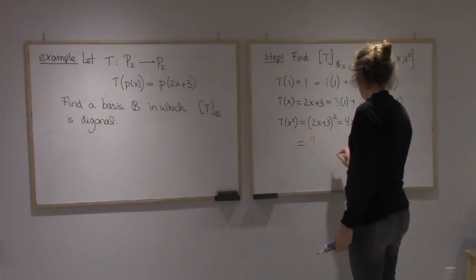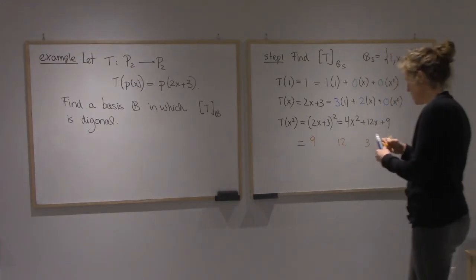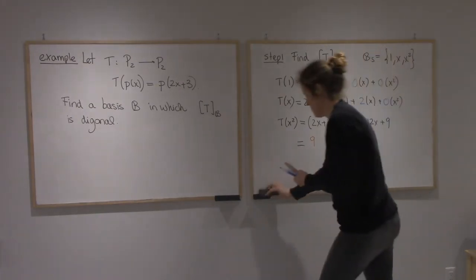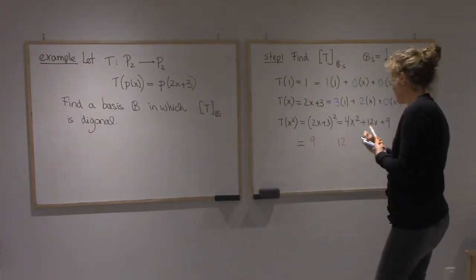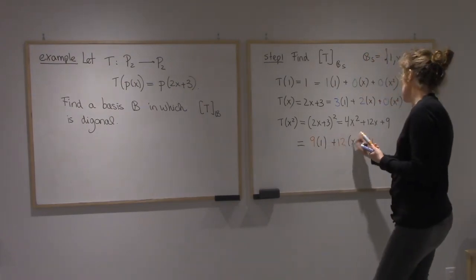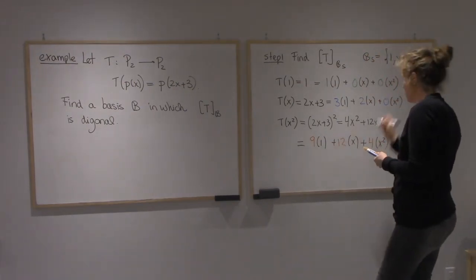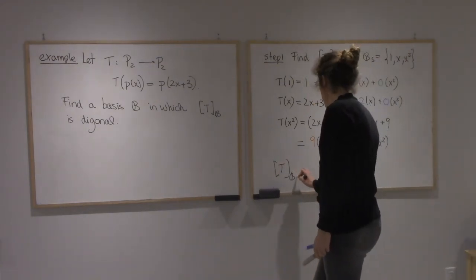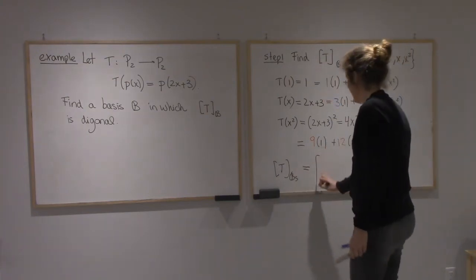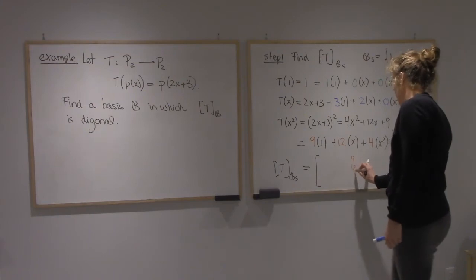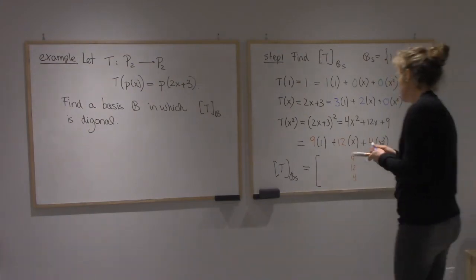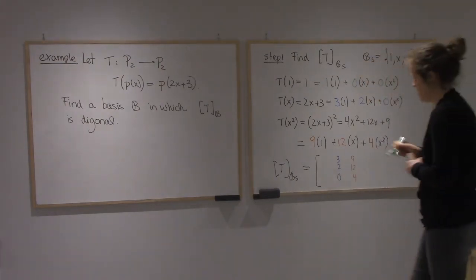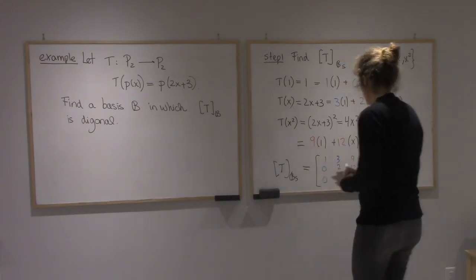That's going to be 9, 12 and 4. So that's 9 times 1 plus 12 times x plus 4 times x squared. So the matrix for T in the standard basis would be 9, 12, 4. The middle column is 3, 2, 0. And 1, 0, 0.